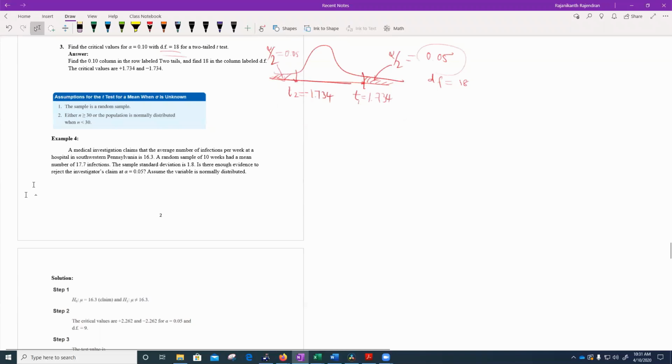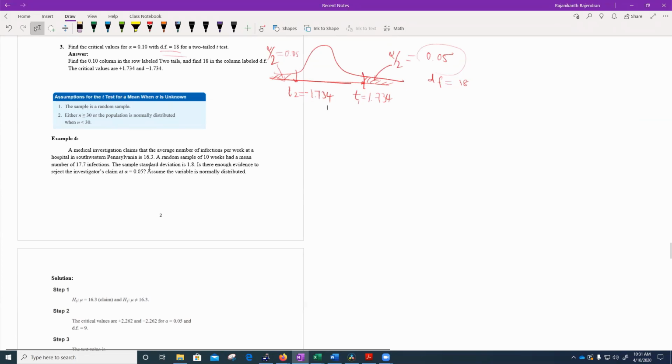So look at this problem now. The medical investigators claim that the average number of infections per week at a hospital in southwestern Pennsylvania is 16.3. A random sample of 10 weeks had a mean number of 17.7 infections. The sample standard deviation is 1.8.